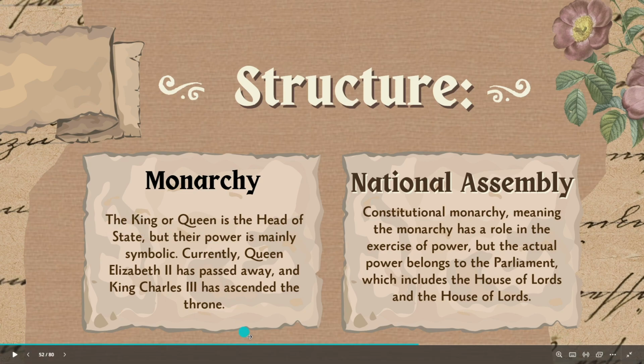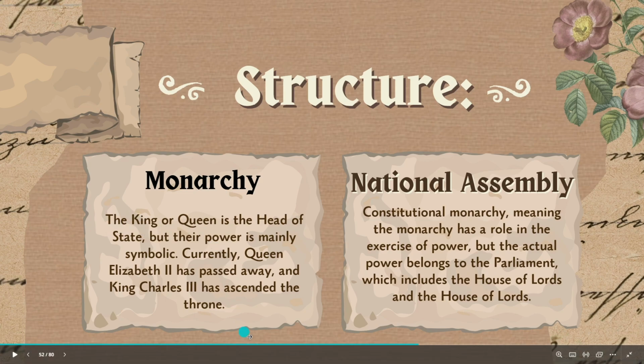And two, the National Assembly. In a constitutional monarchy, the monarchy has a role in the exercise of power, but the actual power belongs to the Parliament, which includes the House of Lords and the House of Commons.